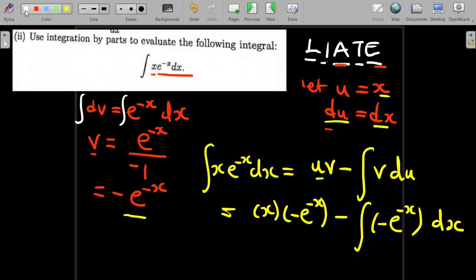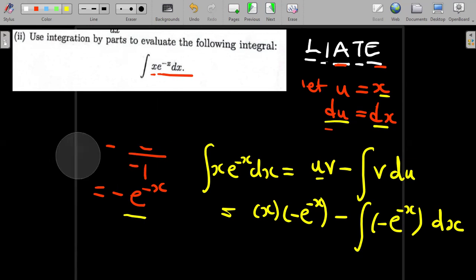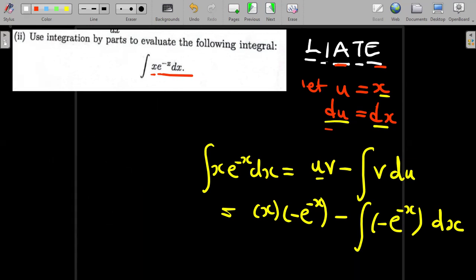So from this stage, the next thing you do, okay, let me erase this part. Here we can multiply x and this one, then we get negative x e to the negative x. Here, as you can see, this negative and this negative multiply, it becomes positive, like the integral of e to the negative x dx.